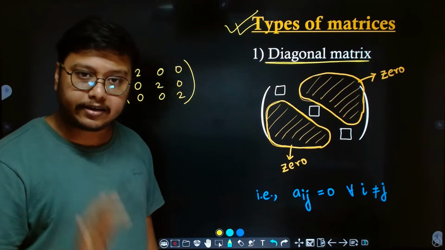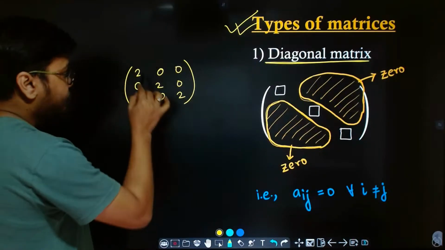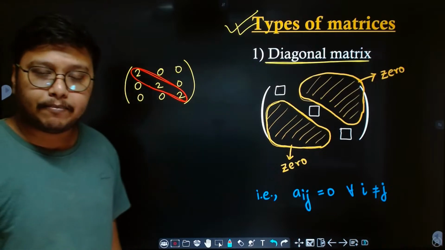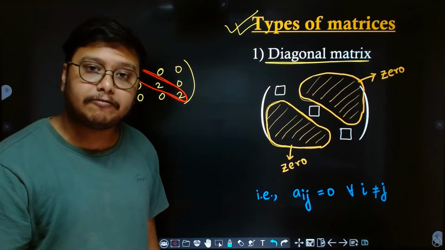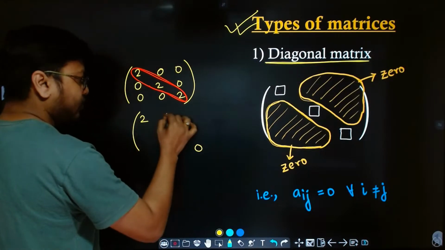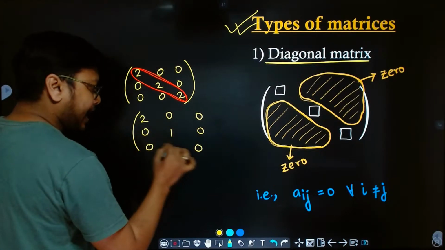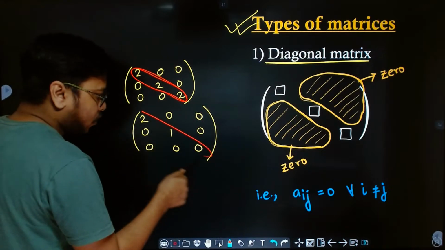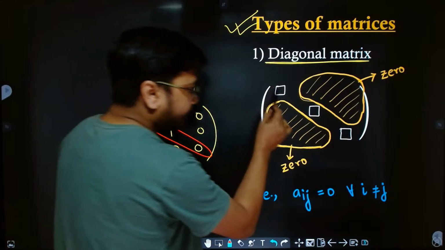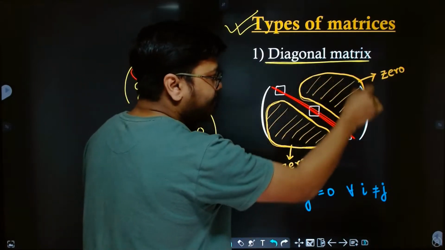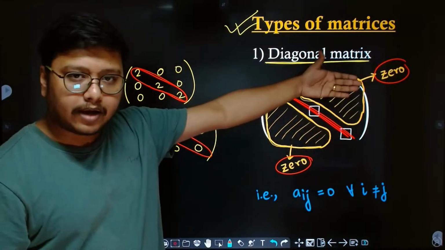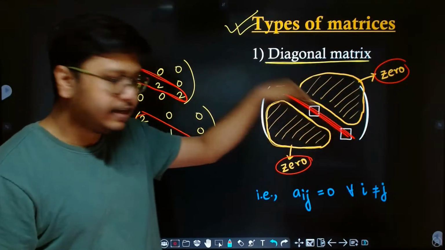Yes, this is a diagonal matrix, but it is not mandatory that all the diagonal elements have to be the same. They can be different also. So for example 2 1 0. This is also a diagonal matrix. The basic definition of a diagonal matrix is, other than the diagonal elements, the remaining elements on the top and at the bottom are all 0, just leave out the diagonal.